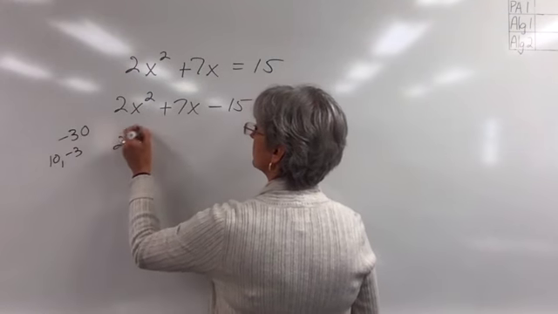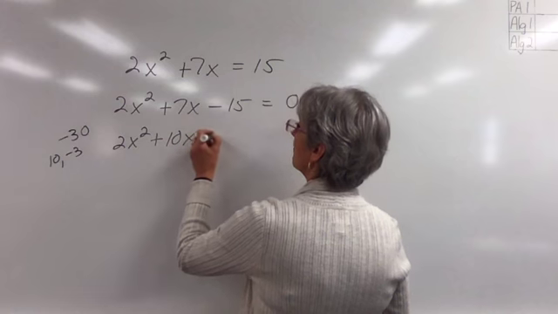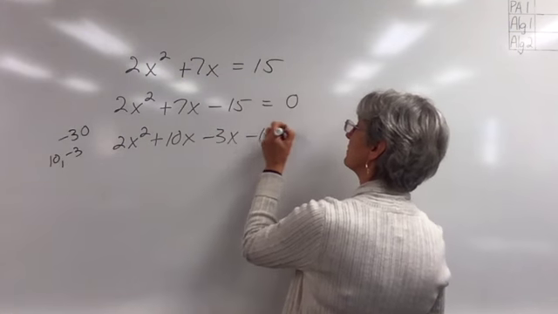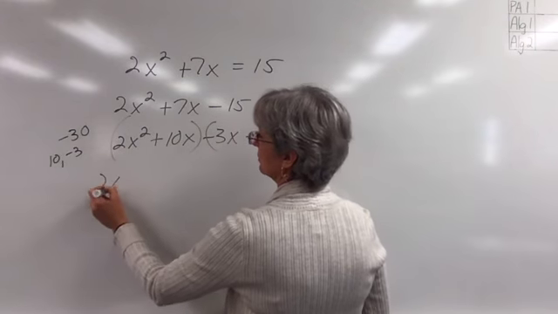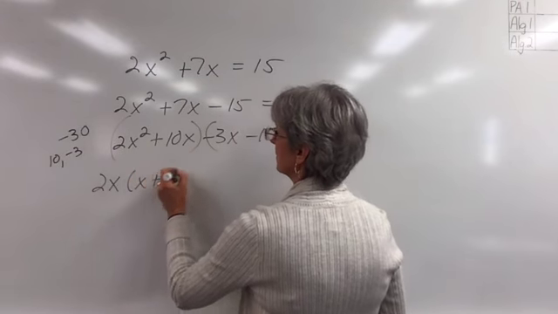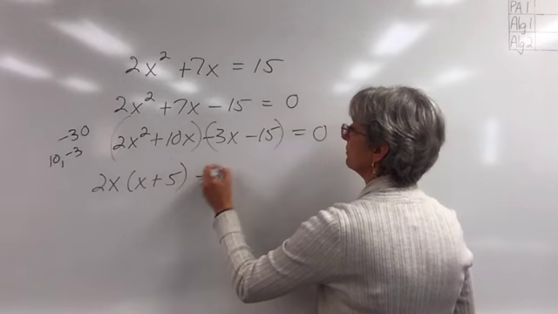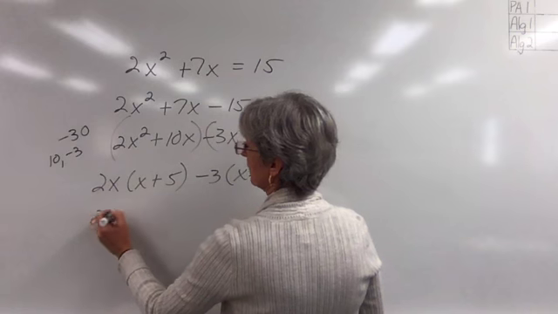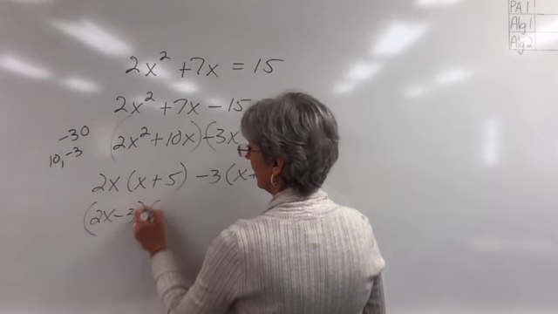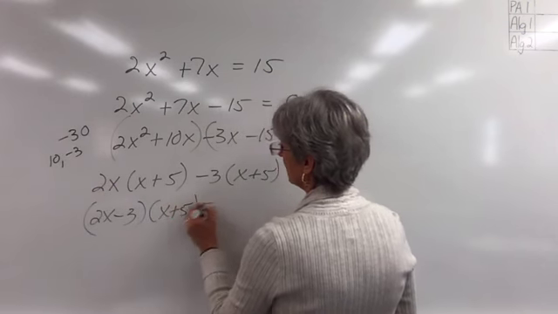So 2x squared plus 10x minus 3x minus 15 equals 0. And I'm going to group that, factor out the 2x, x plus 5, factor out the -3, x plus 5. Oh, nice. So I have 2x minus 3 is one factor, and x plus 5 is the other factor.